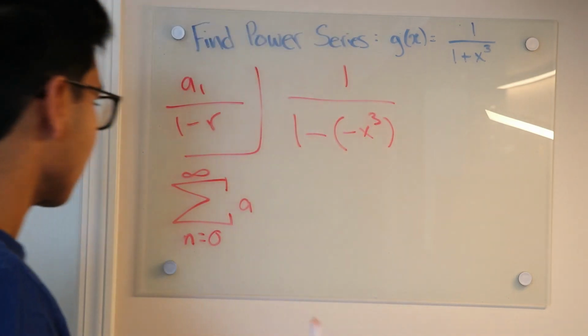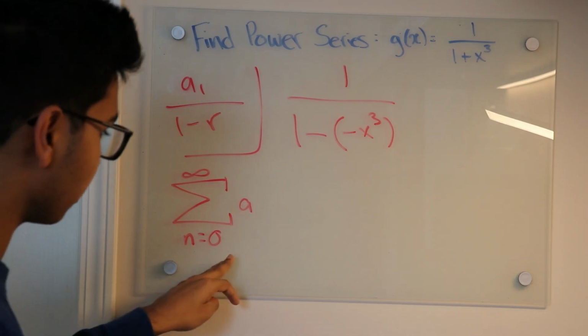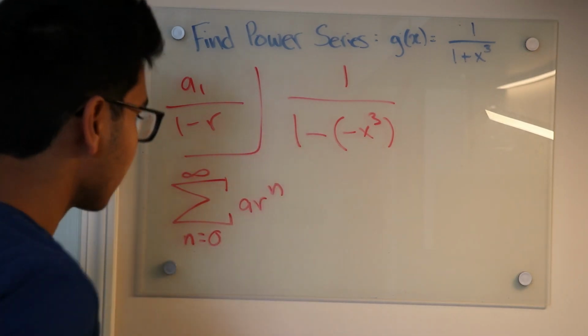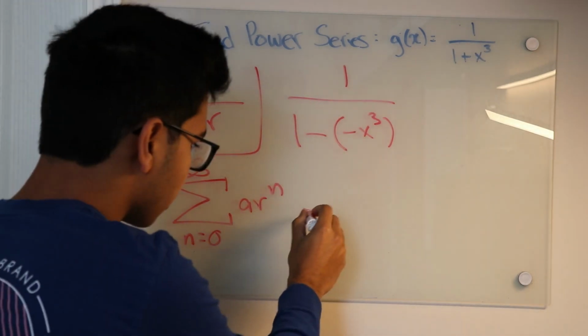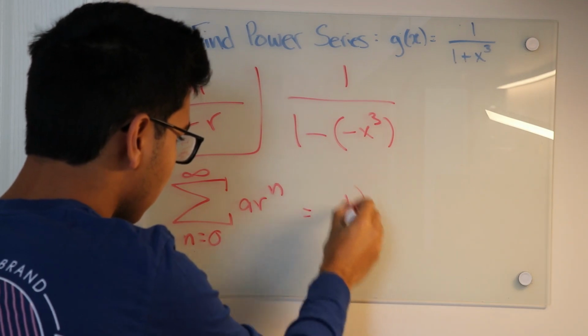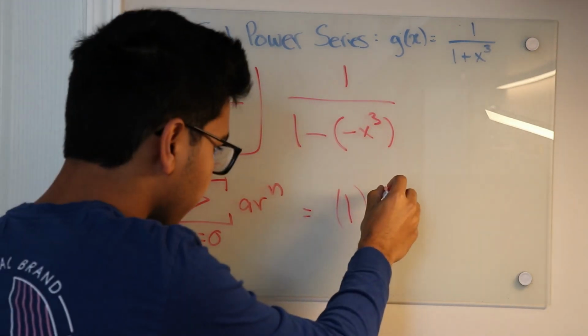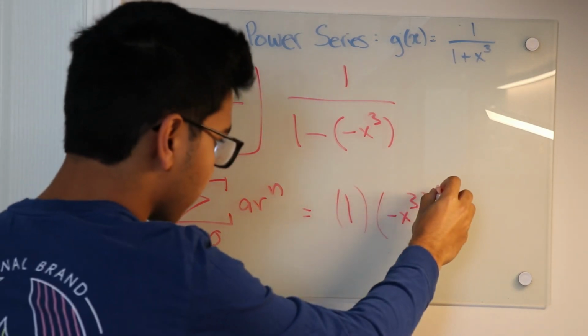The general form of a power series is the summation of n equals 0 to infinity of a times r to the n power. Here we have our a term, which is 1, right? So you get 1 times r, which is negative x cubed, to the n power.